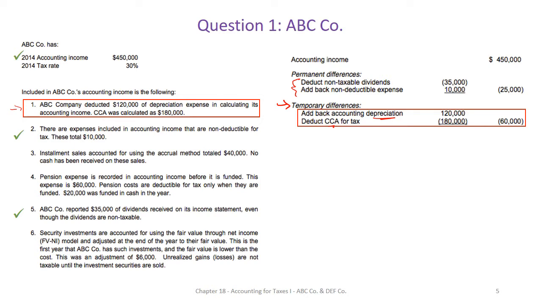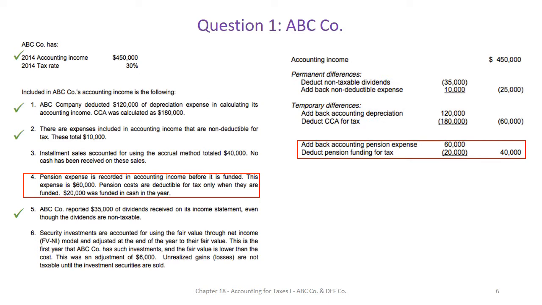So included in the income of $450,000 is $120,000 of depreciation, which is not tax deductible. But what is tax deductible is the CCA of $180,000. So we have to add back the accounting depreciation, which will increase the accounting net income, and then deduct the CCA, which will decrease the accounting net income by the amount that is allowable for income taxes.